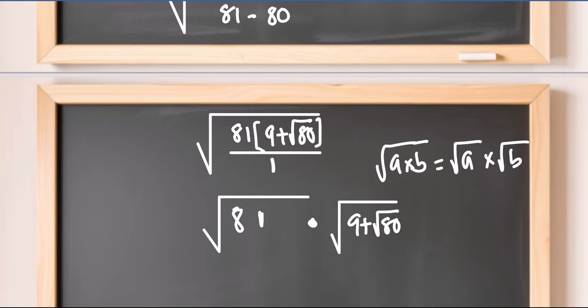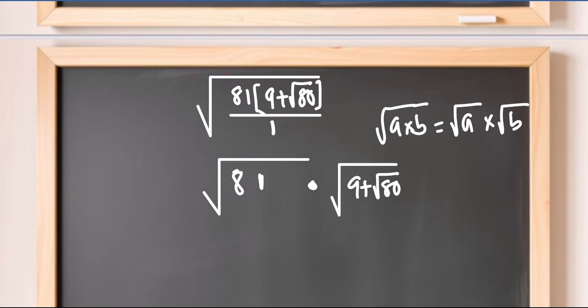We can't split the addition. We can only split if it is multiplication. Now, based on this, the square root of 81 is purely 9, multiplied by the square root of 9 plus the square root of 80.